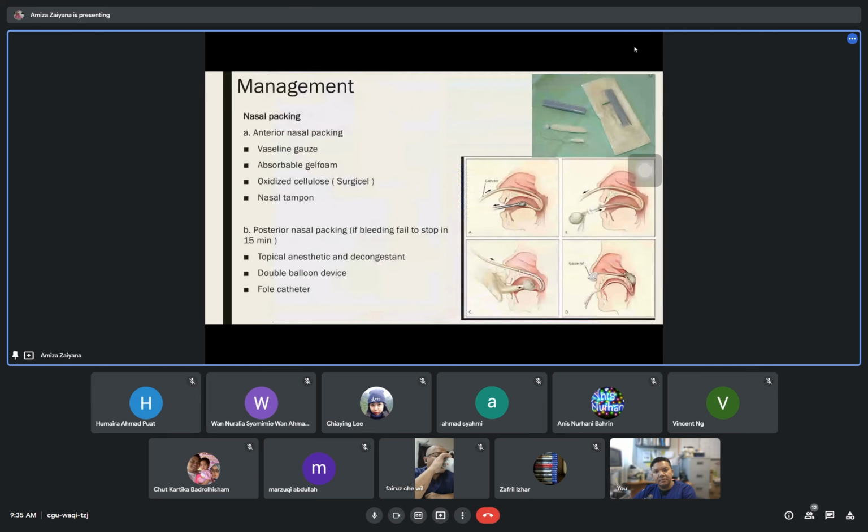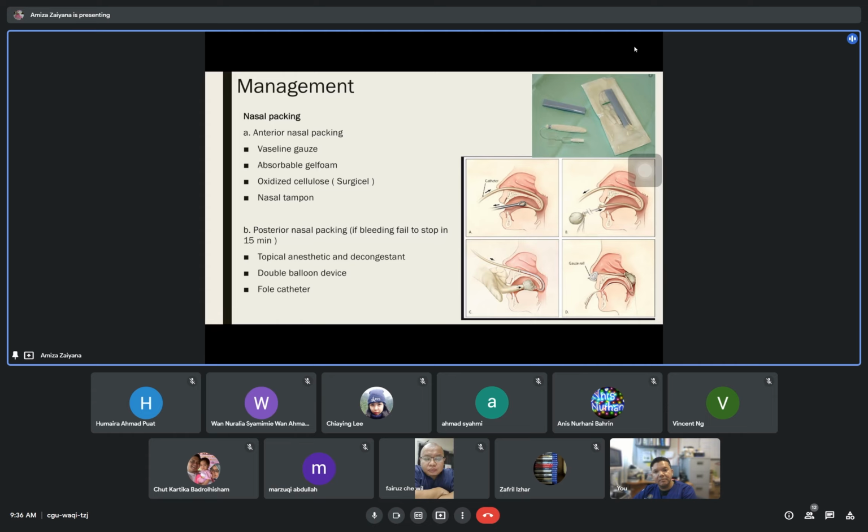Okay, next. For the management, we can start with nasal packing. For anterior epistaxis, we can use Vaseline gauze or absorbable gel foam, oxidized cellulose, which we often use in the OT, Surgicel.